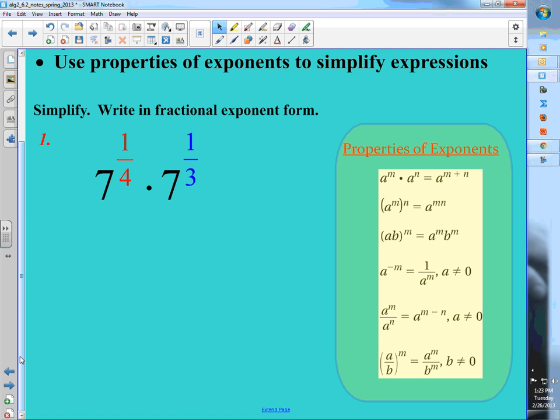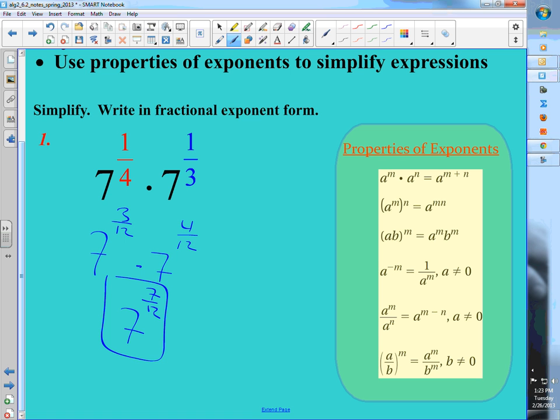So in this, we're kind of just looking at this as a review. You have a base to a power, base to a power. What do you do with your powers? Together. Okay? So if we're simplifying the fractional exponents, you're probably going to want to change this to the 3 over 12 power and the 4 over 12 power, and get it to 7 to the 7/12 power.